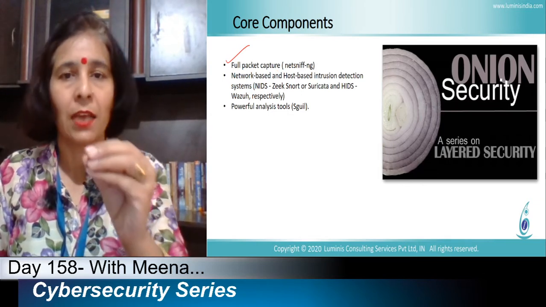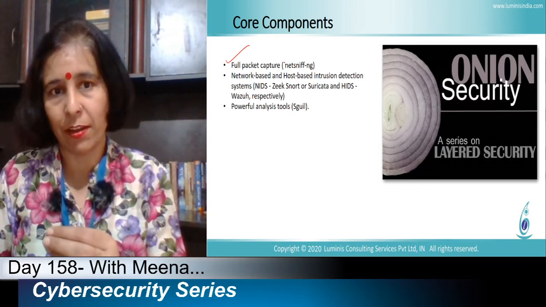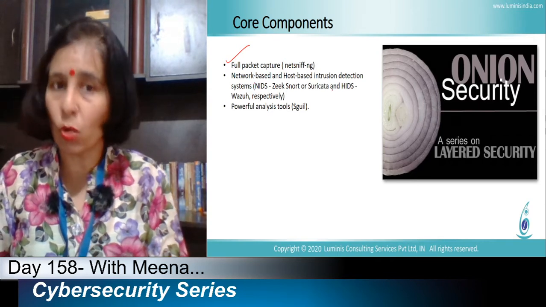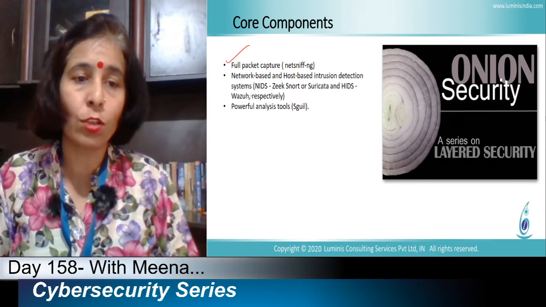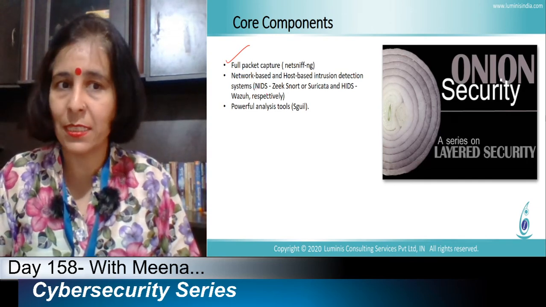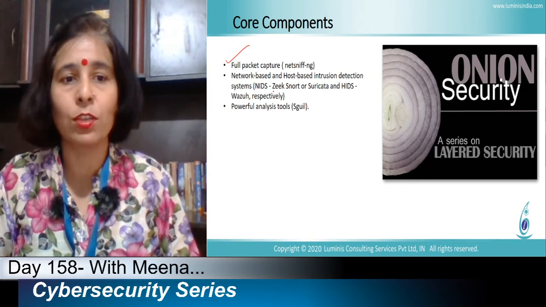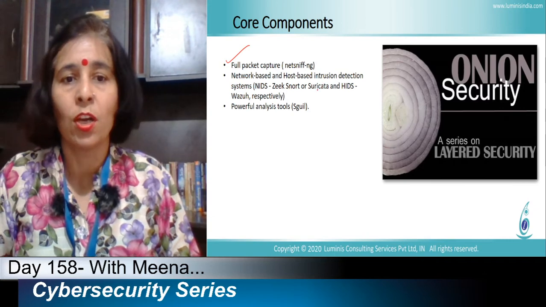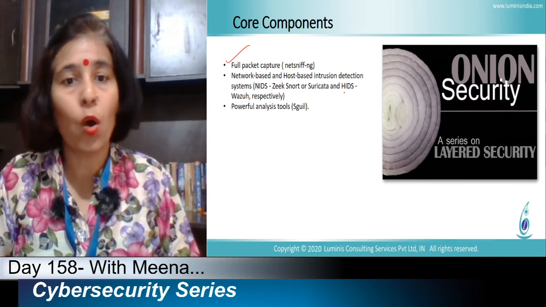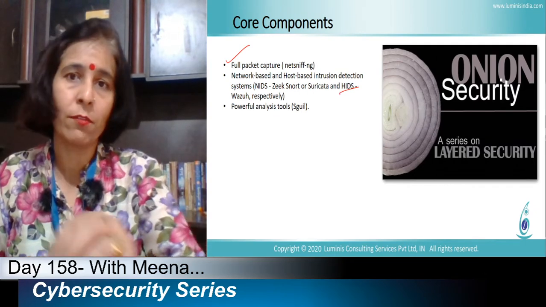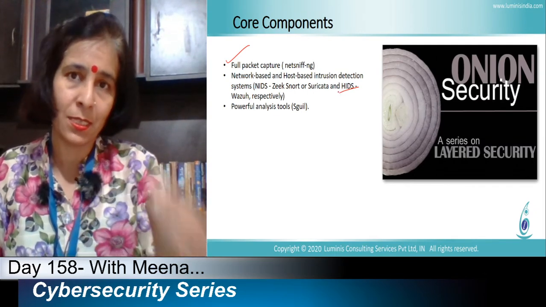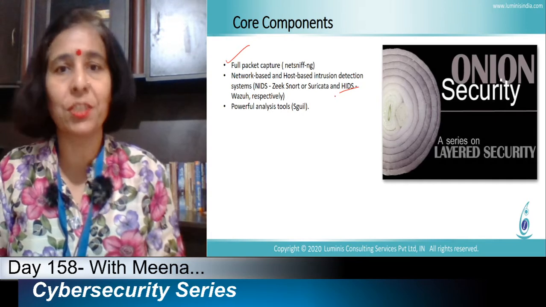To detect intruder traffic at the network or host level, it provides both. For network intrusion detection systems it provides Zeek, Snort and Suricata, and for a particular host, if any malicious traffic comes, it generates an alert.